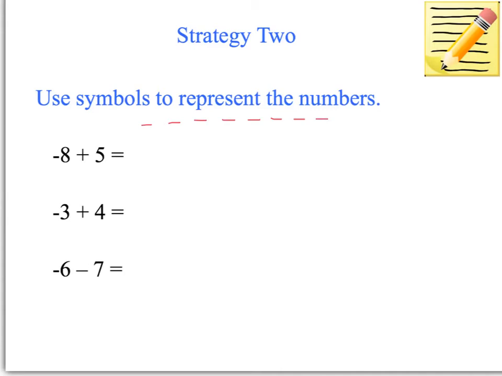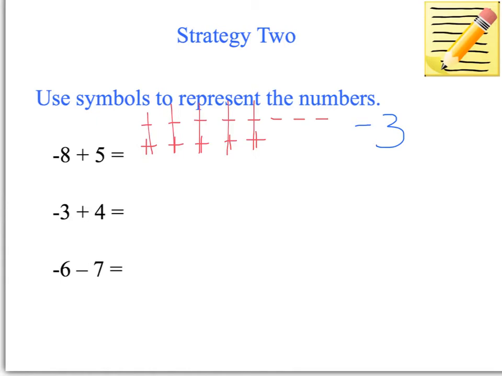And then underneath them I'm going to put 5 positive signs. 1, 2, 3, 4, 5. Now these cancel each other out. So the answer to -8 plus 5 is -3, because you've got 3 of the negative symbols left.